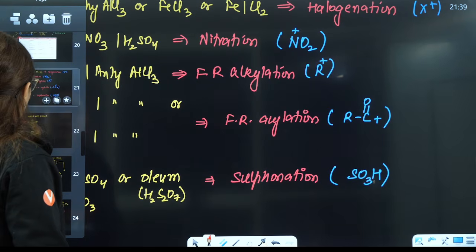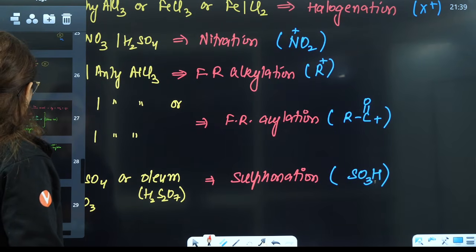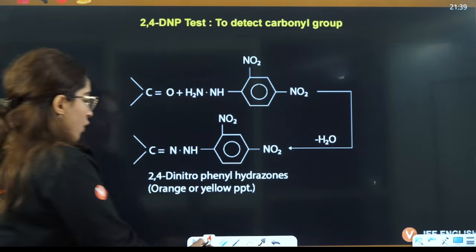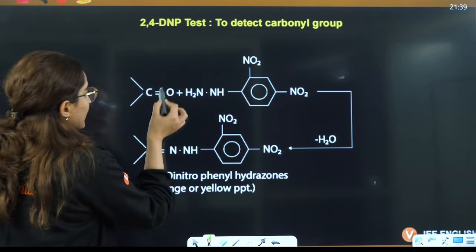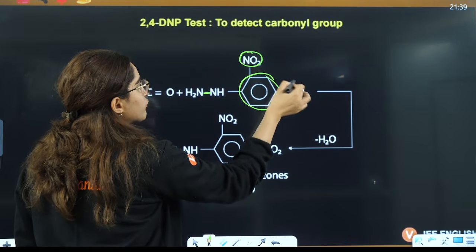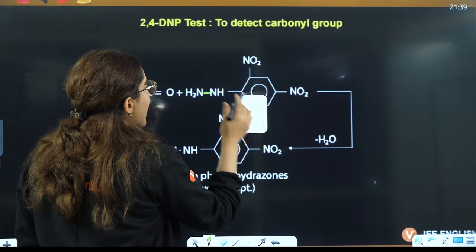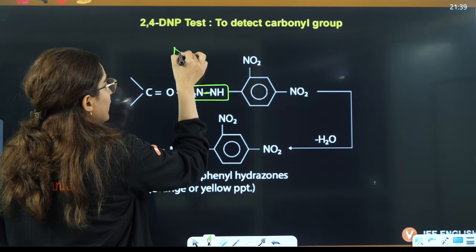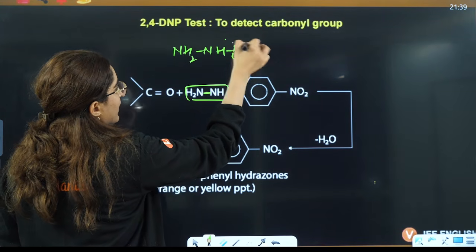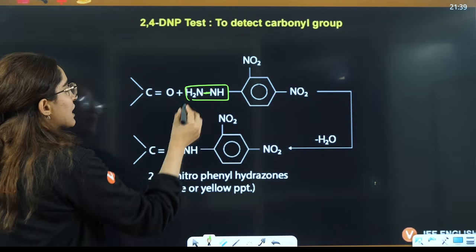Okay, now I will show you that test that I talked about, that is 2,4-DNP. Now actually the same thing is happening. You have a carbonyl. 2,4-DNP is when on benzene, on second and fourth position you have NO2, and this is actually in hydrazine. You replace one hydrogen with benzene, and on second and fourth position you have NO2, right?